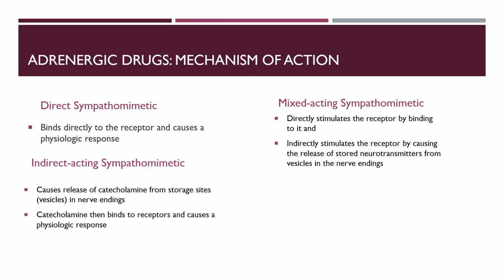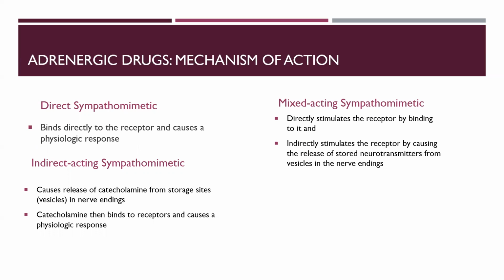So with our mechanisms of action, we've got basically 3 different types of mechanism of action. The first one is direct sympathomimetic, which means it binds directly to the receptor to cause a physiological response. So that means at the neurotransmitter, it's actually causing that response.